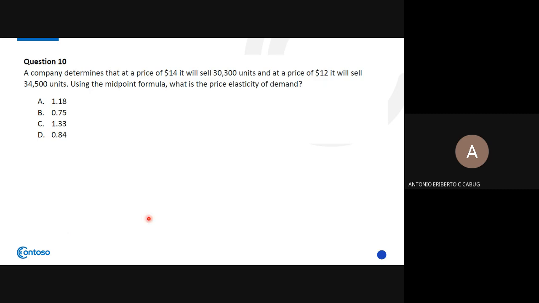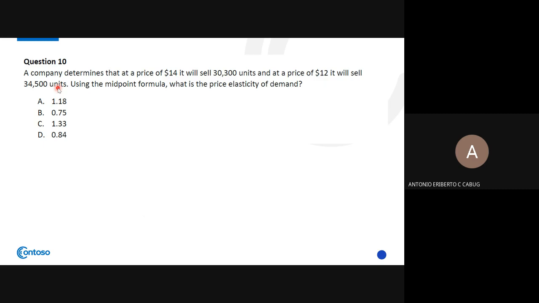Game, enter. Sa mga may sagot na, you may enter. Enter now. Yung mga may sagot na, please enter.